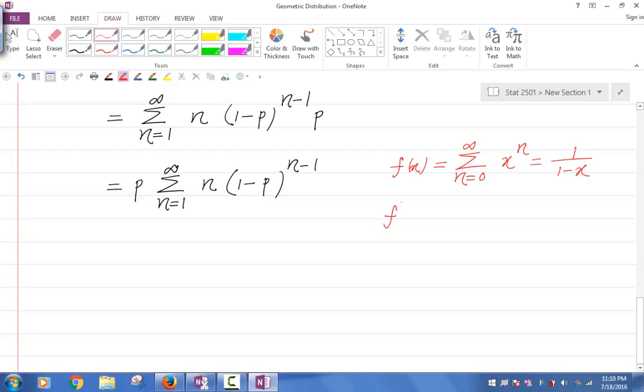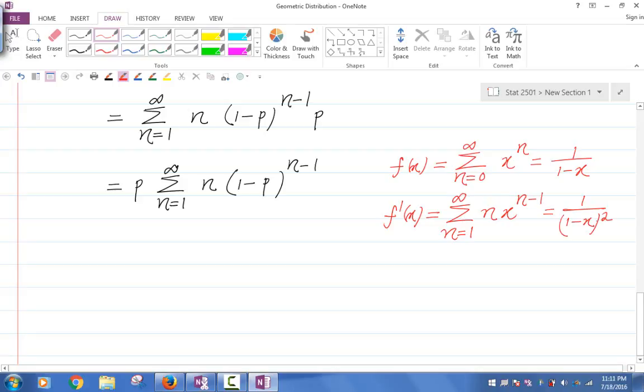If I take the derivative of f, we get the summation of n times x to the n minus 1, n going from 1 to infinity, and that is the same as the derivative of 1 over 1 minus x. We can find the derivative by using the quotient rule, or we can just use the power rule. So the derivative is 1 over (1 minus x) squared.